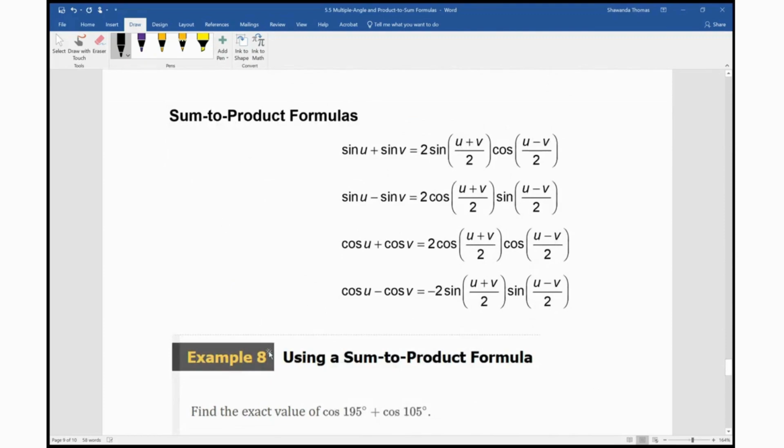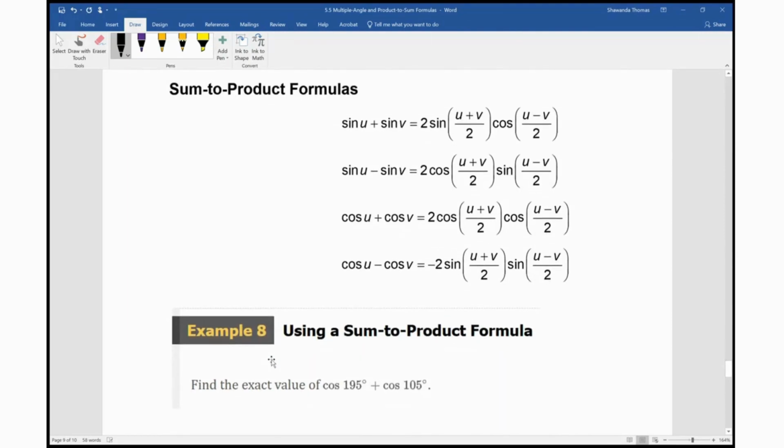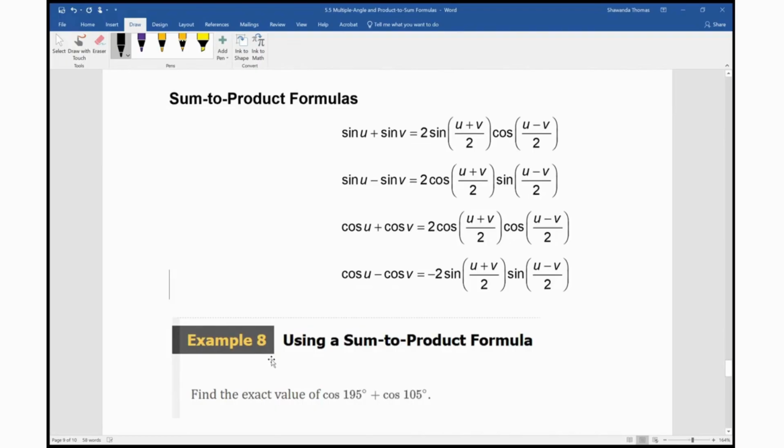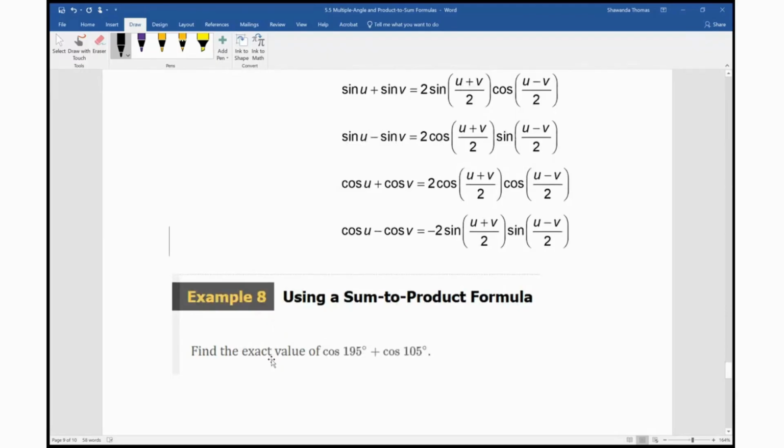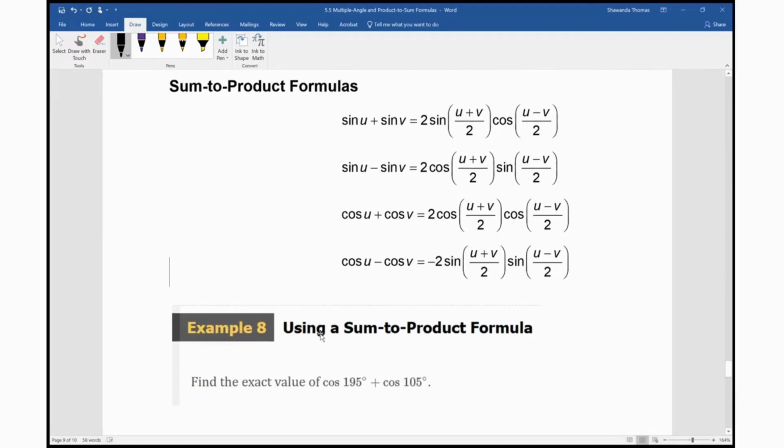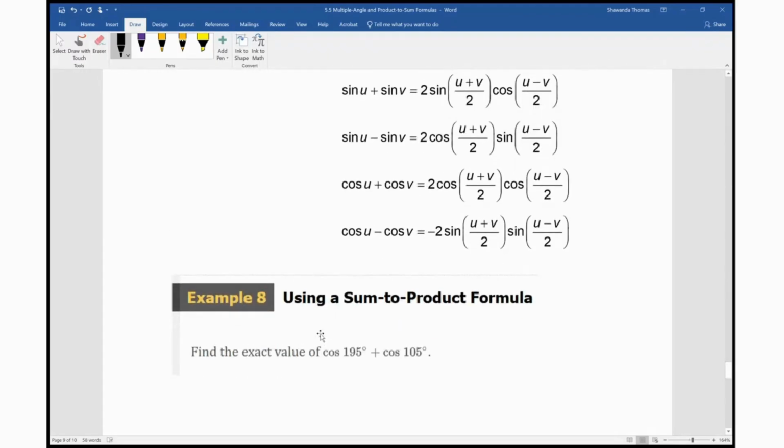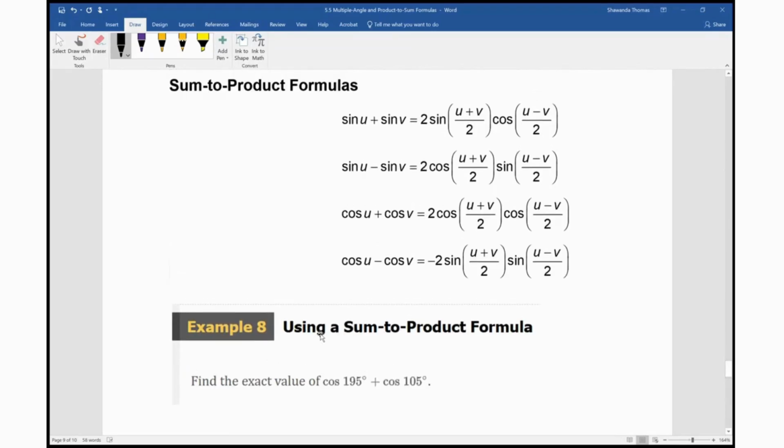Find the exact value of cosine of 195 degrees plus cosine of 105 degrees. Again, many ways to find exact values, but this is one formula to find exact value. You can use the sum to product formula. We have to figure out which formula we need to use.